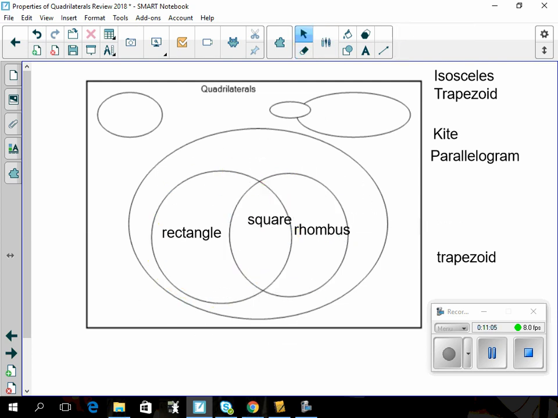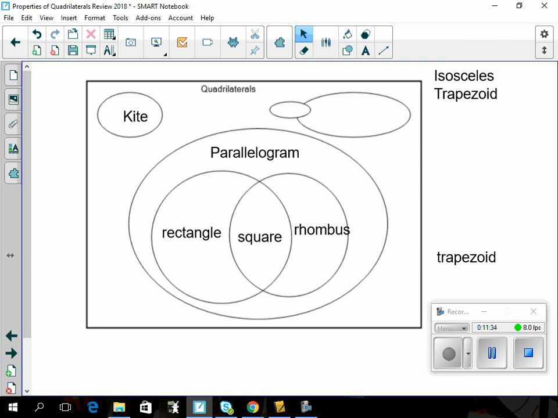So in other words, a square is both a rectangle and a rhombus. Good. We already talked about how kite goes over by itself. I agree. And then Shane said something interesting to his table as well. He said because rectangles, squares, and rhombuses are all parallelograms, then these are all parallelograms.